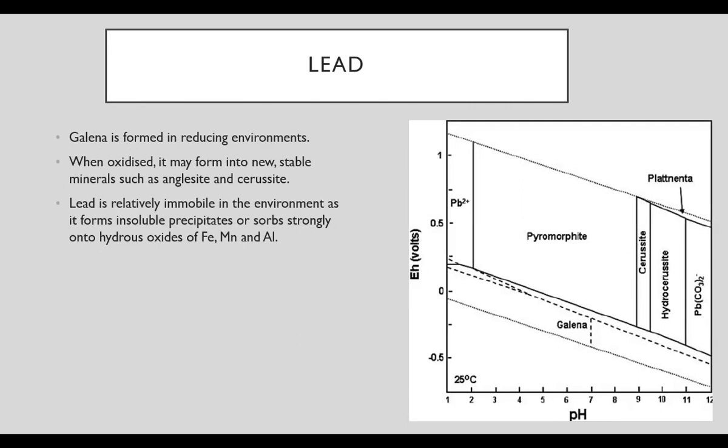That's the common ore mineral. When you're oxidized, you might find anglesite, cerussite, depending on the pH. Lead is relatively immobile in the environment as it forms insoluble precipitates and binds strongly onto hydrous oxides. Which is thankful, that it's not highly mobile and moving around, because it's carcinogenic.